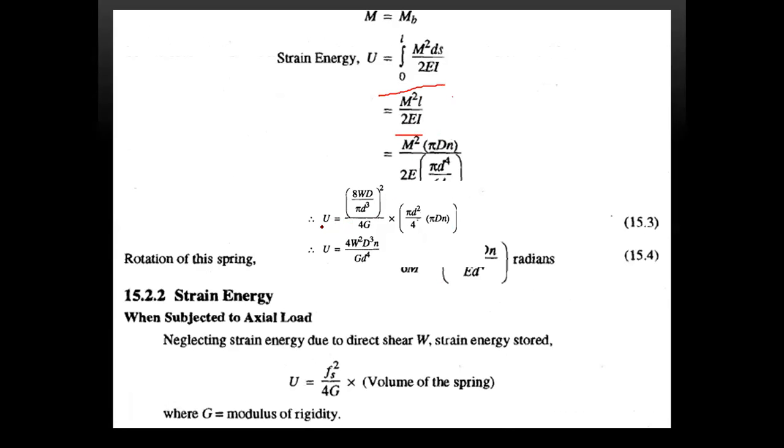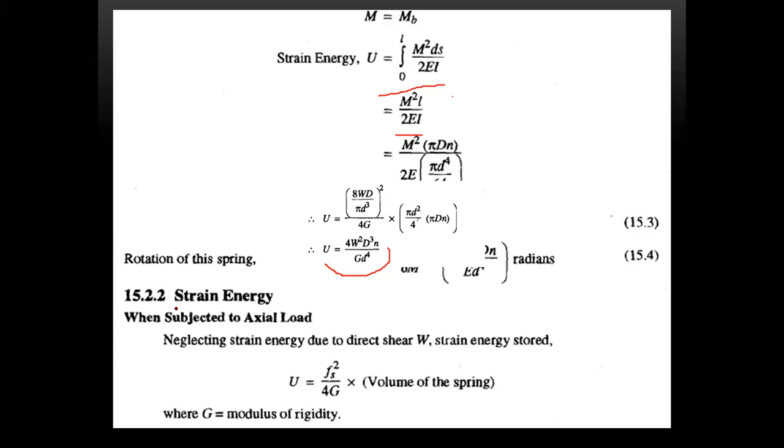Upon solving this, the rotation of the spring is U equals 4 into W square D cube into N divided by G into d to the power of 4. Generally, you will see all these formulas in your design data book, right? Or else you can learn some concepts in the design data book also.